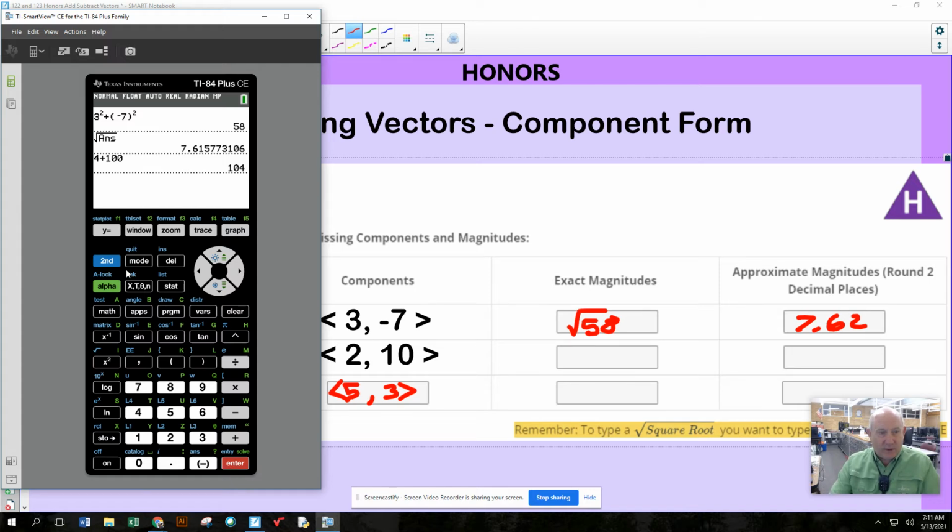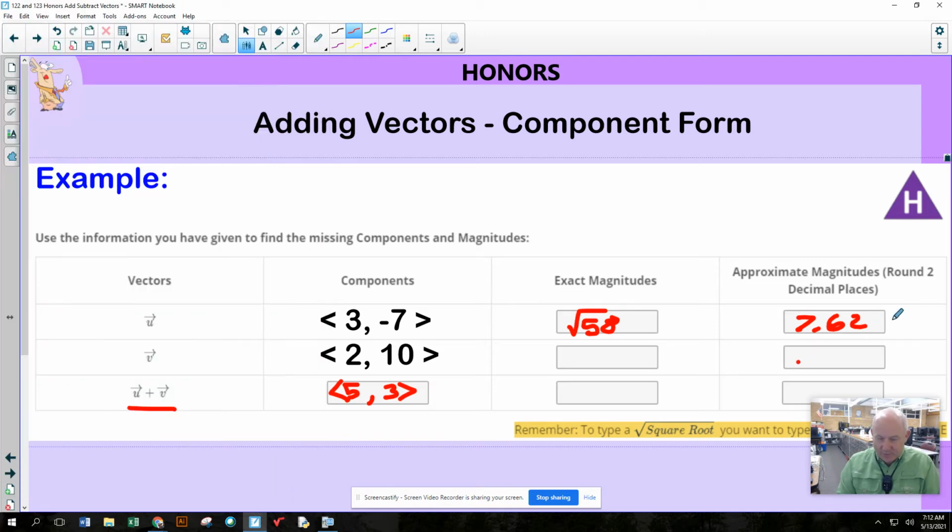And then while I'm here, let's go ahead and do the square root of 104, which gives us 10.20. We'll do that over here, 10.20. And then remember, this was the square root of 104.